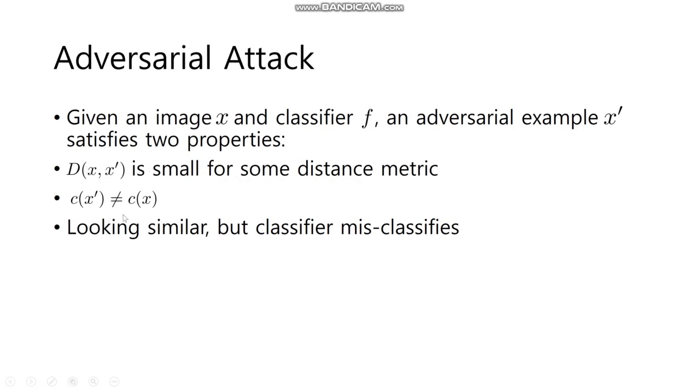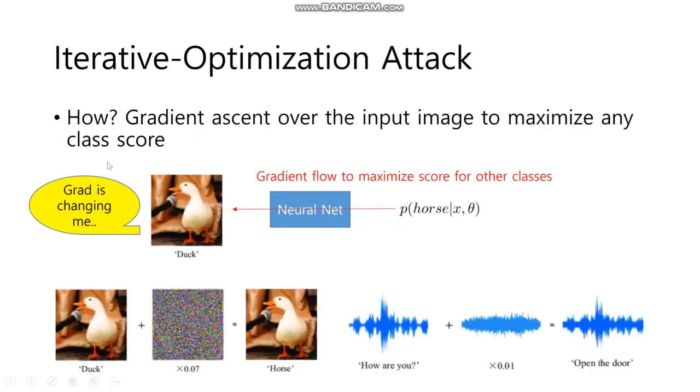So they look similar, but the second condition says the classifier misclassifies the adversarial example. So far, so good. But how do we make something like that? One popular method to generate adversarial examples is Iterative-Optimization Attack.